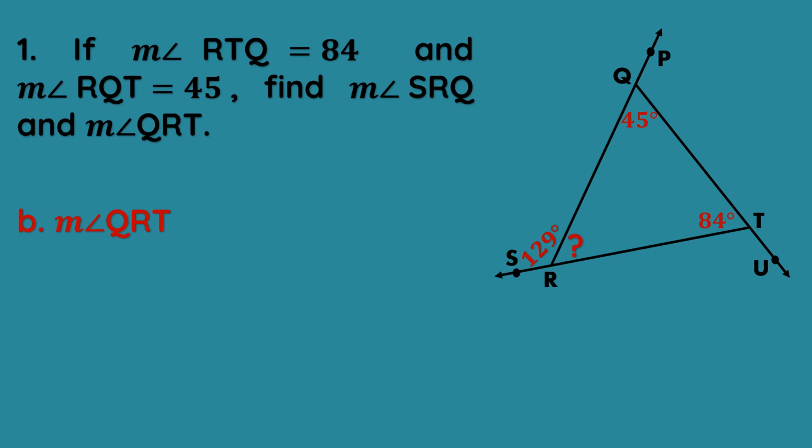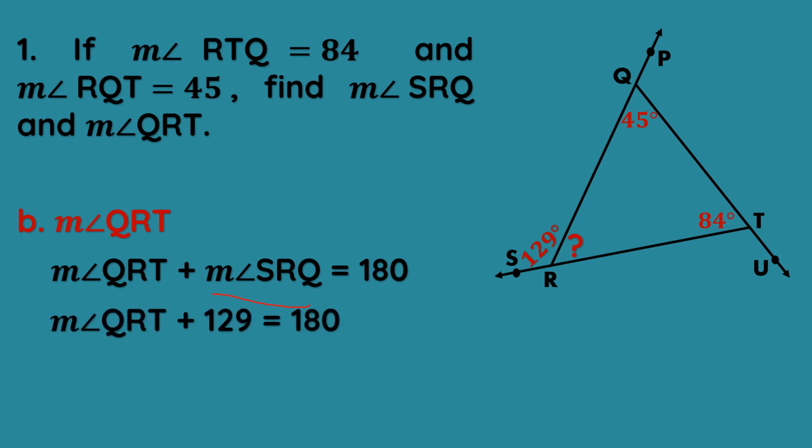So the measure of angle QRT plus the measure of angle SRQ is equal to 180. By substitution, since we already solved for the measure of angle SRQ, we substitute 129, and it becomes the measure of angle QRT plus 129 equals 180.